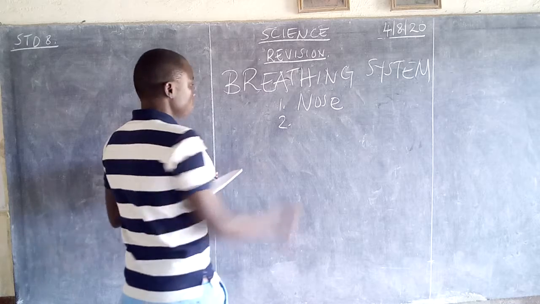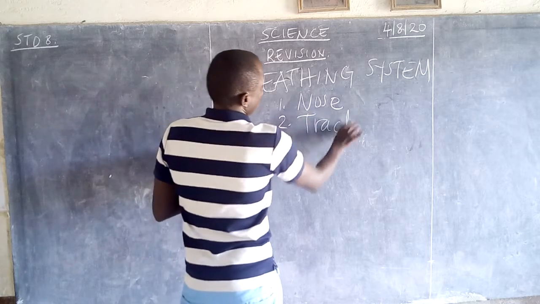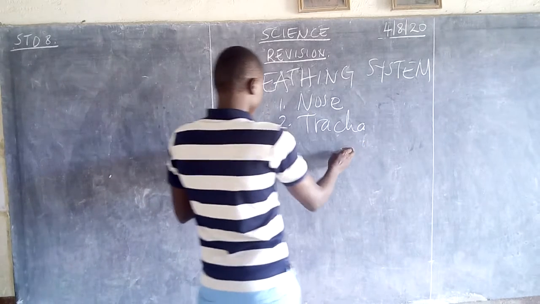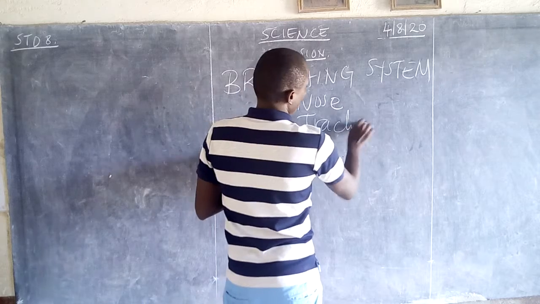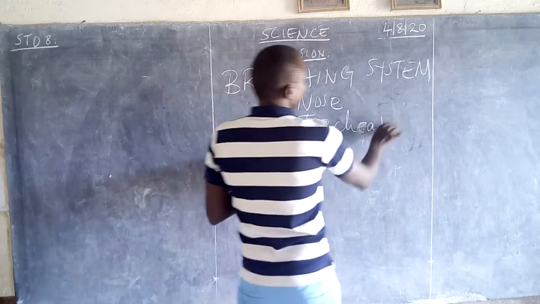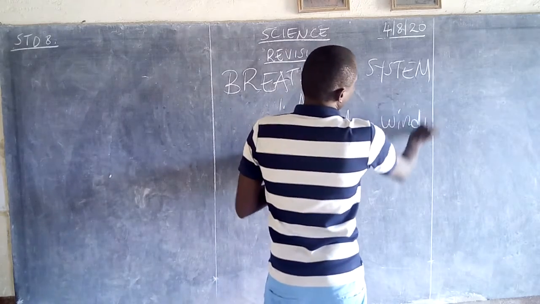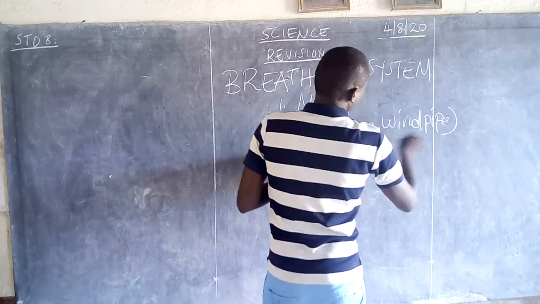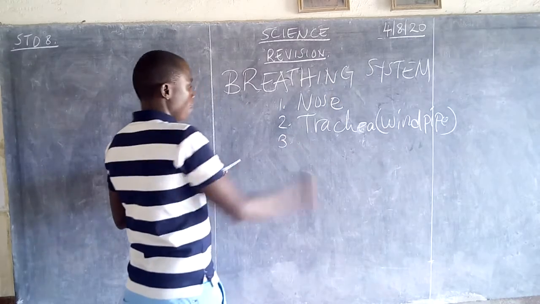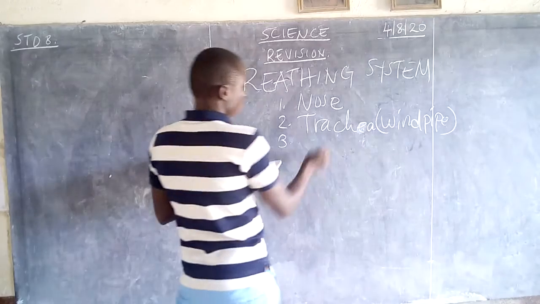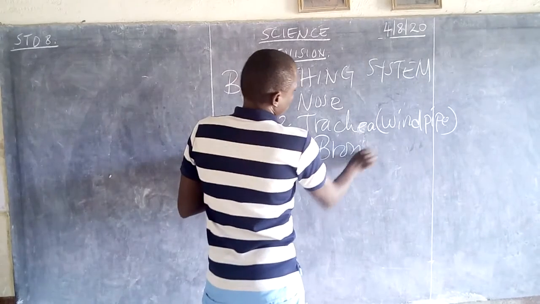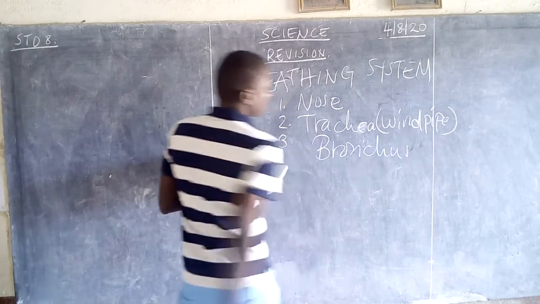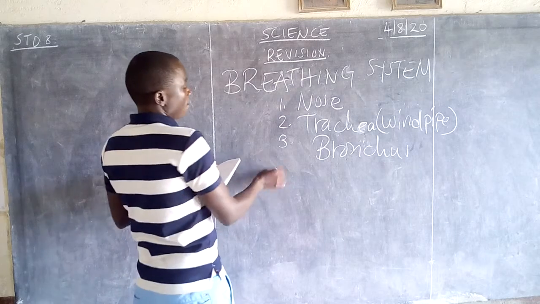Second part of the breathing system we have the trachea. The name for trachea is known as what? Windpipe. Number 3 after trachea, we go to bronchus or bronchi.